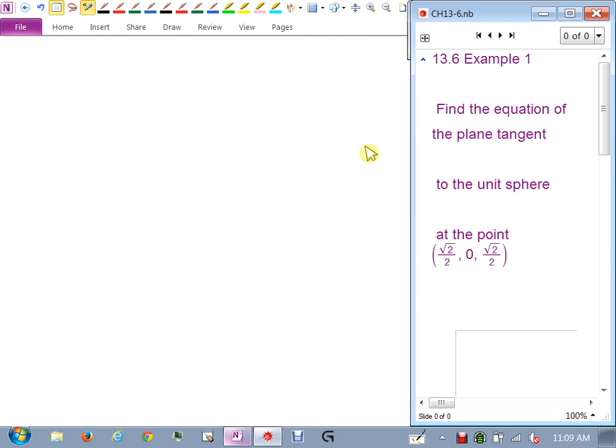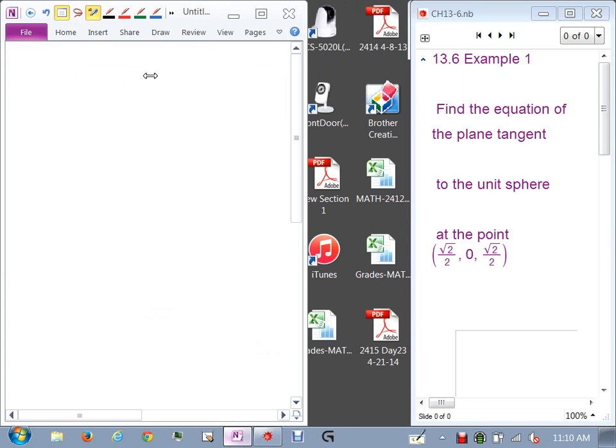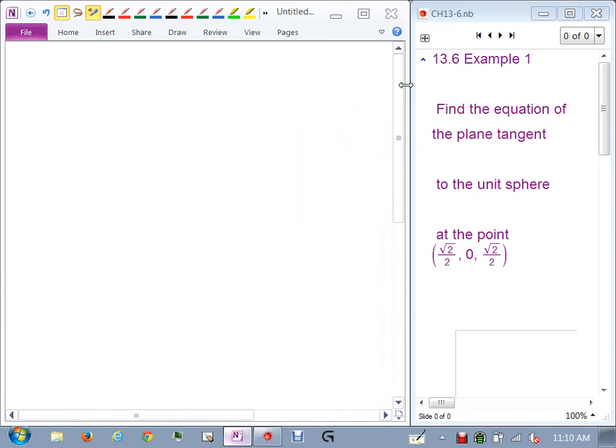All right, so first thing I need to do is remember what I need for the equation of a plane. For a plane, I need a point, and I need the normal vector, right? The normal vector, we called that the vector ABC.